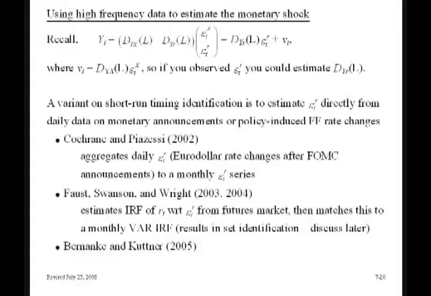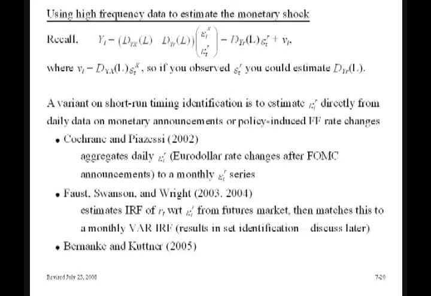Okay. So essentially, one way to look at the VAR literature for the last 10 years is as a series of responses to these problematic and challenging critiques of this initial cut of short-run timing restrictions.